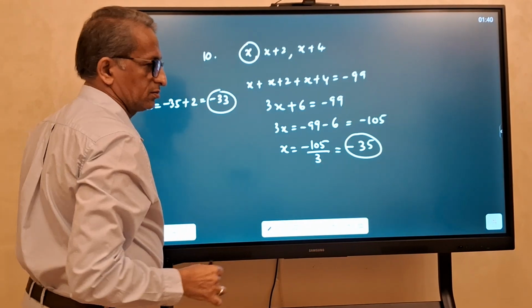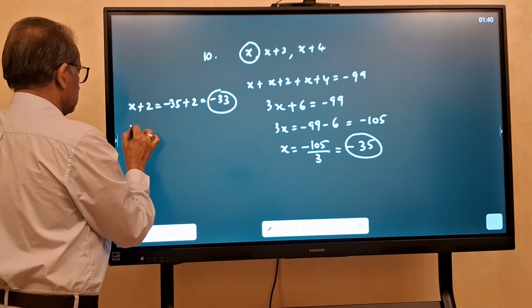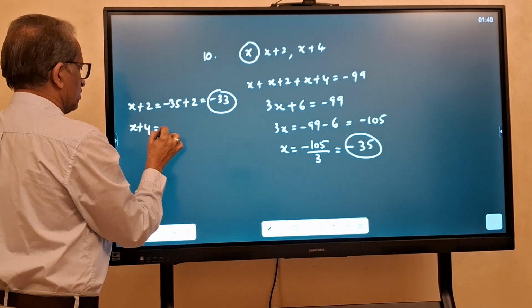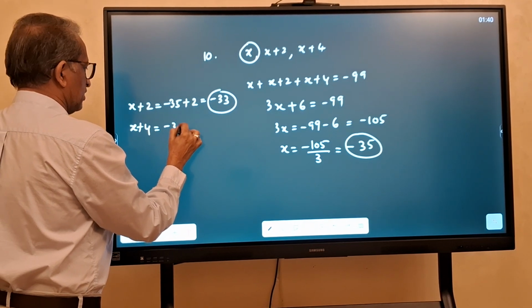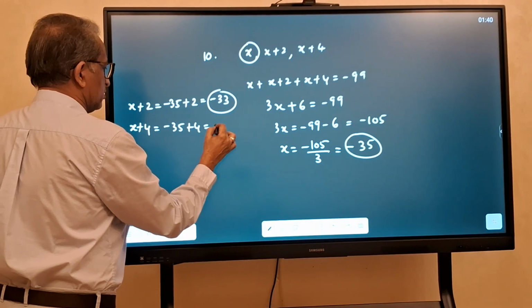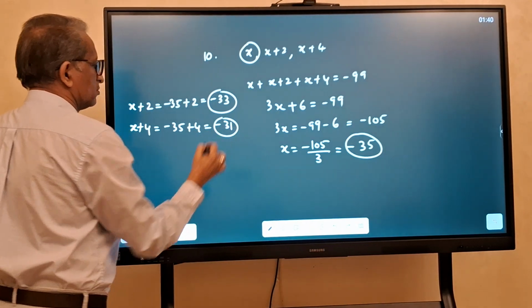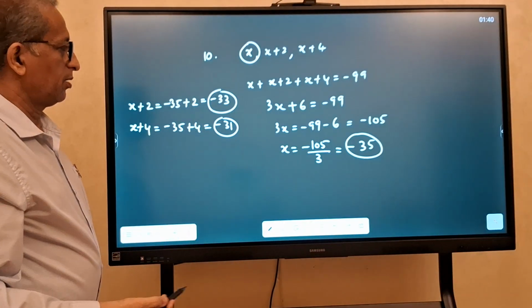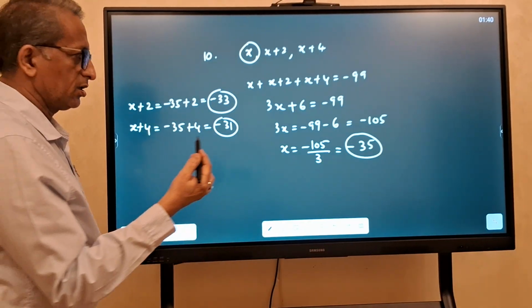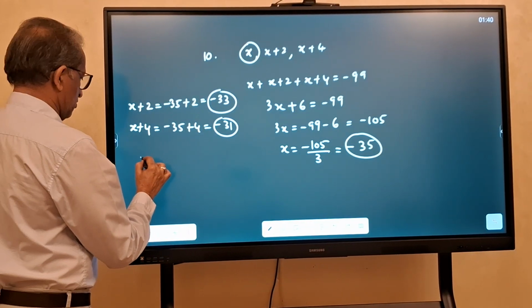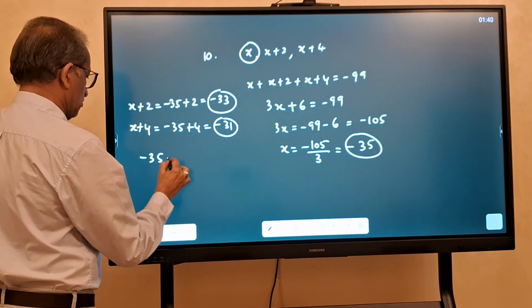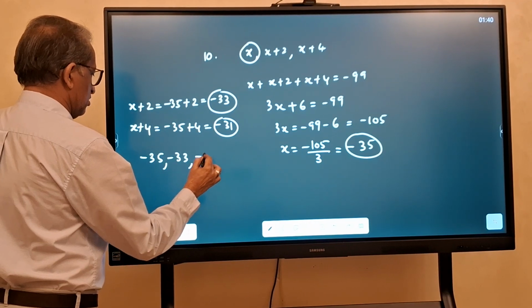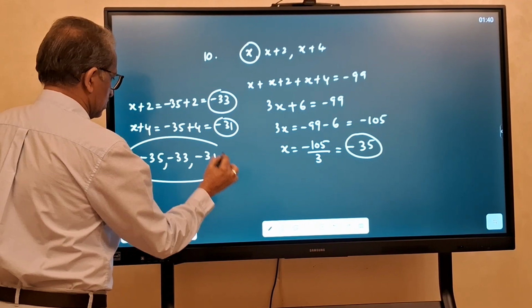What will be the next? x plus 4, that is minus 35 plus 4, that is minus 31. So the 3 consecutive odd integers are minus 35, minus 33, minus 31.